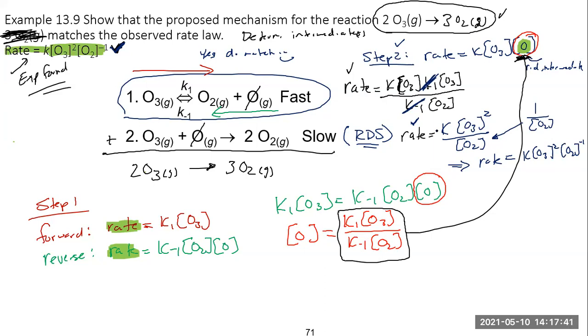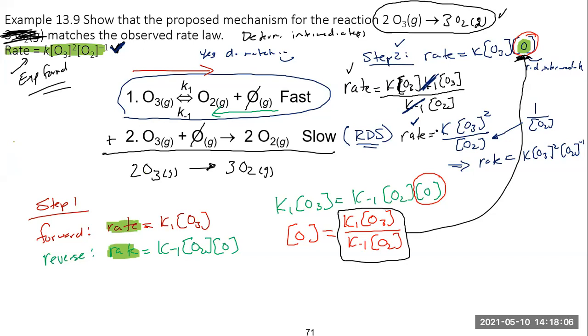Now, what happens if one of those two things doesn't match? We talked about if you add up all the steps and they do not match the overall reaction, then it's a bad mechanism. If you add up all the steps and they do match, then it's good. But if you get to the part where you're comparing rate laws and they do not match, then it would be a bad mechanism.